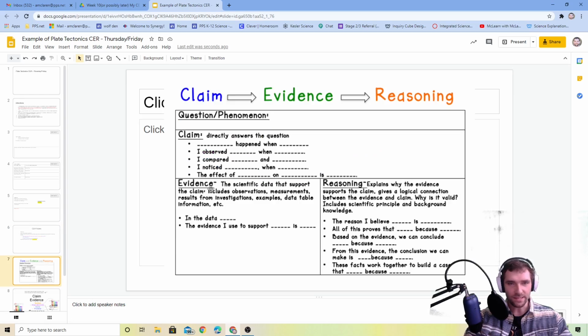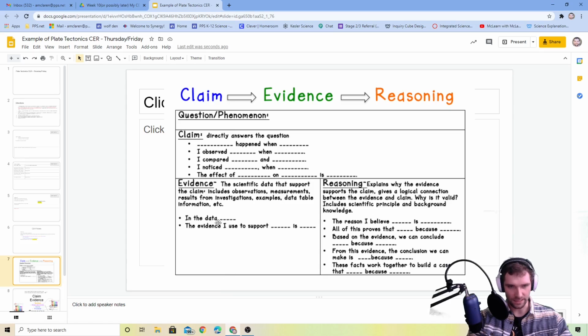There's also the sentence frames here. You don't have to use these, but these are little fill in the blanks, kind of like a Mad Lib if you've ever done one of those. You could say, I observed this when that happened. Like, I saw this when I did that, cause and effect essentially. So there's a couple different claims that we could do there.